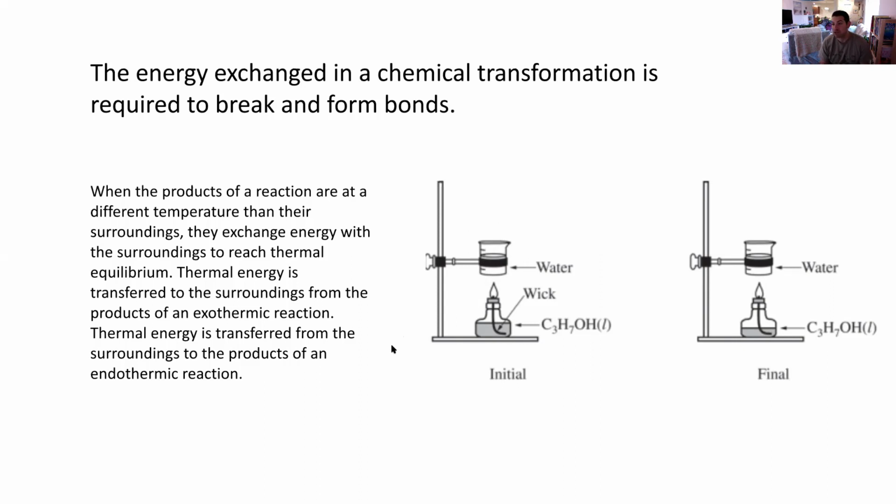And if we're ever doing a reaction that's going to get colder, we're going to have a thermometer. We're going to record that change in temperature so that we can calculate the amount of energy a solution lost. And typically, a reaction that is endothermic will be happening in solution, and we'll just assume a specific heat of 4.18 for that solution.